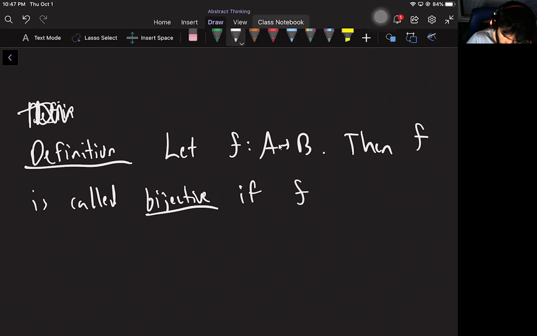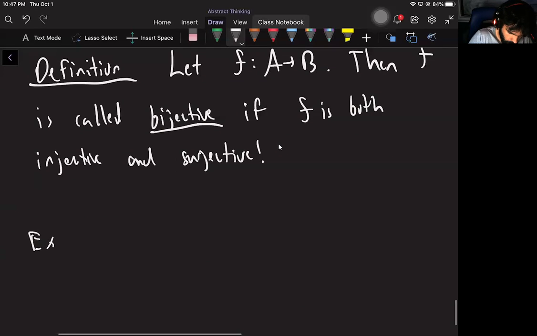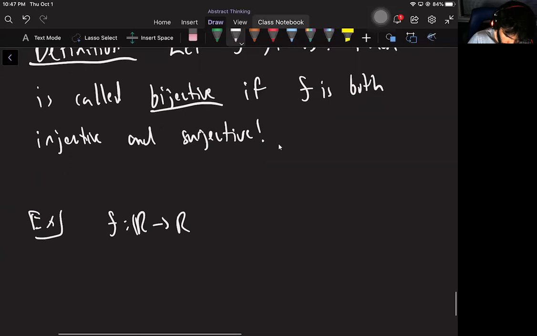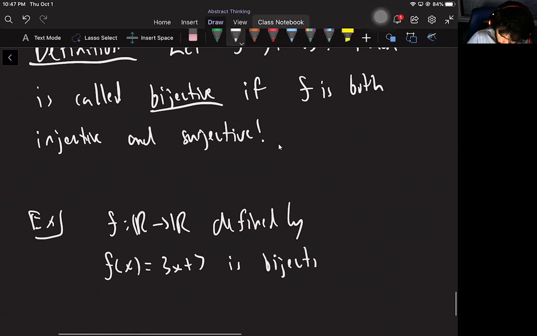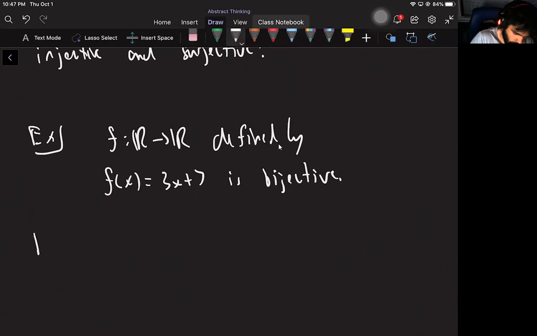So if f is both injective and surjective, it looks like we just proved that 3x plus 7 is bijective because we just did both proofs. So I'm not going to reprove it, but if you wanted to prove it from scratch, you would show both.